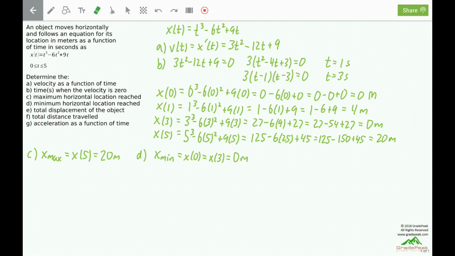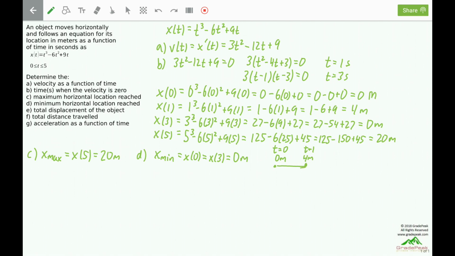What the object is doing here is it's starting at a time of 0 at a position of 0 meters. It's then moving over to a time of 1, and it's actually located at a 4 meter location.